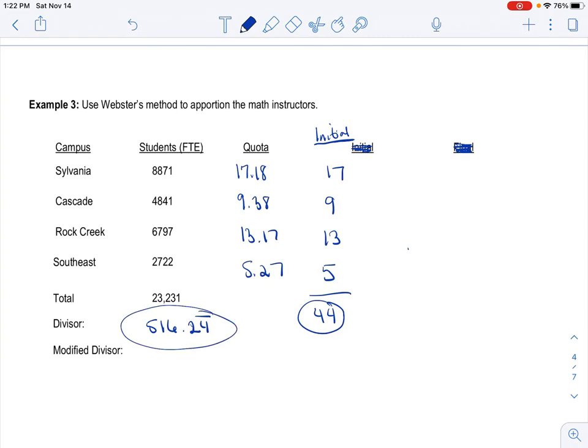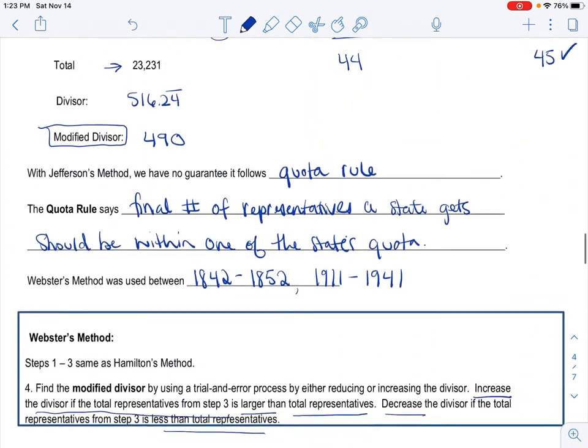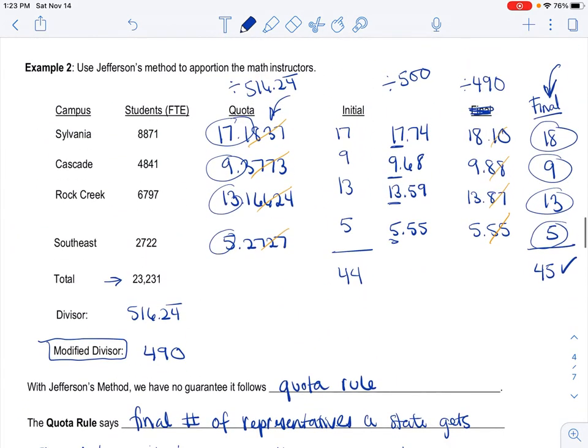And again, it's a total trial and error, all right? So let's go back up and look to save us some time. We already tried a divisor of 490.